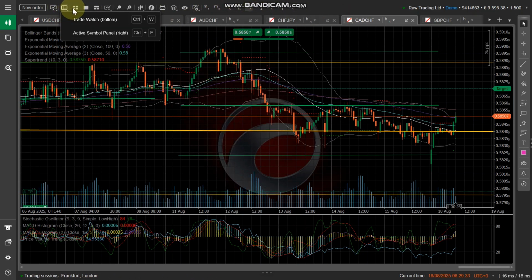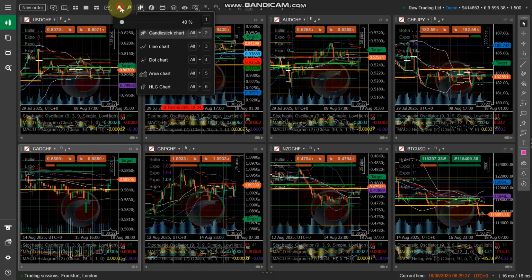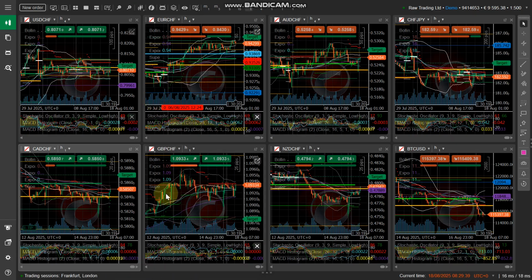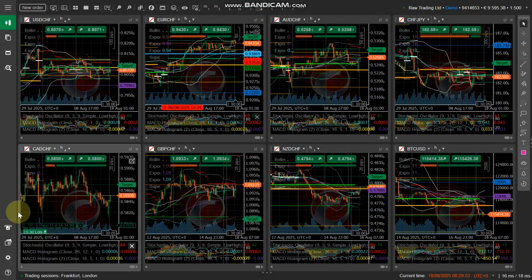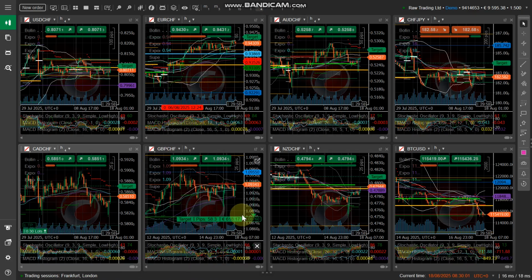And let's synchronize it, make it smaller. So I have 1 hour. What is this? All this should be 4 hours. So I put it back to 4 hours. CAD Swiss franc stayed back at the midline. Okay, this one GBP Swiss franc.